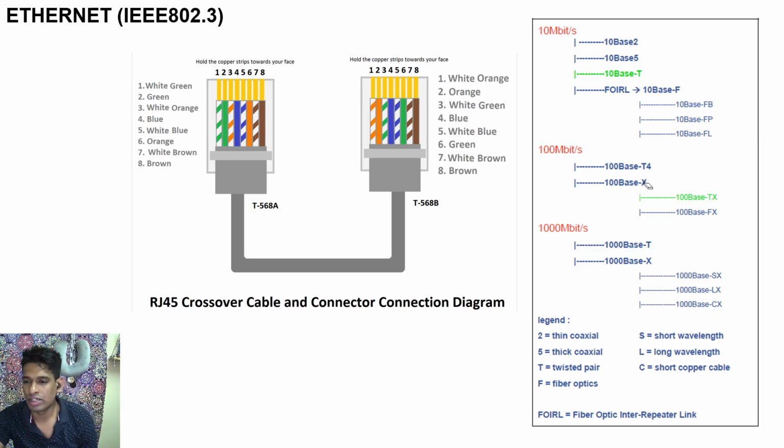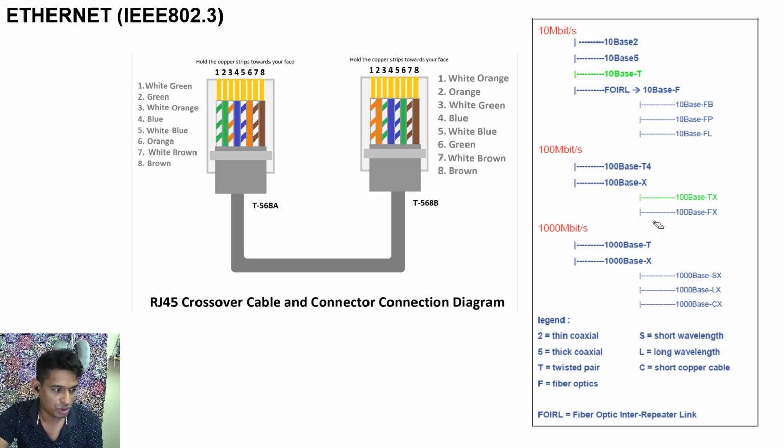So this base T, base X, all these things I'll explain. T stands for twisted pair, and F stands for fiber optic. So if an Ethernet switch has 1000 base T, that is a twisted pair RJ45 port. If an Ethernet switch has 1000 base F, that is a fiber port.